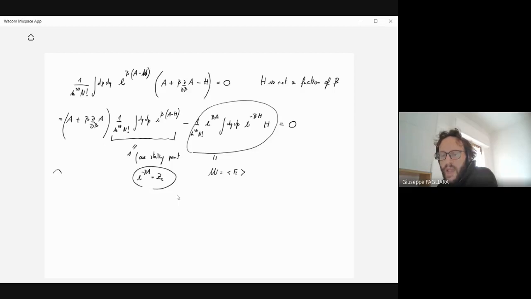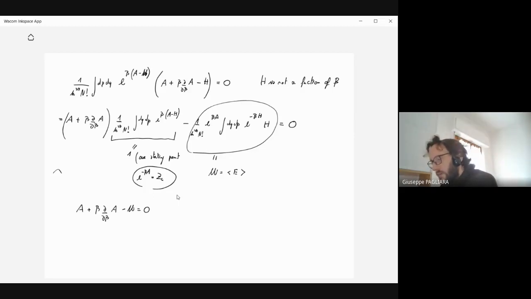Okay, so I'm averaging h over the canonical ensemble, and I'm dividing by the partition function. So this is just U. Okay, therefore I get the following relation: A plus beta derivative with respect to beta of A minus U is equal to 0 from this equation. Okay, let me compute now this derivative.